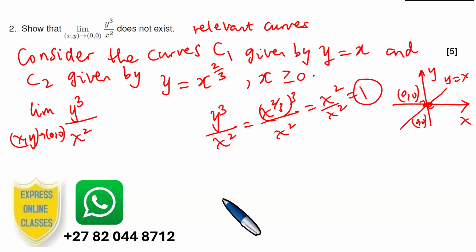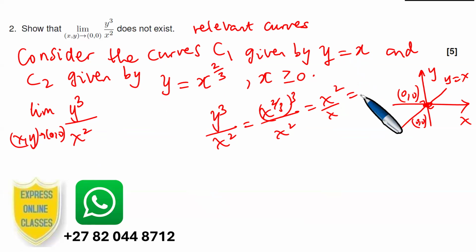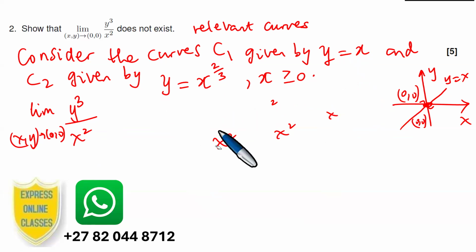So the fraction in the exponent is chosen to cancel with the 3 here. That is how you can use the function itself to choose curves that work nicely, and that are going to simplify beautifully. Like this one simplifies to 1, as we shall see very shortly.